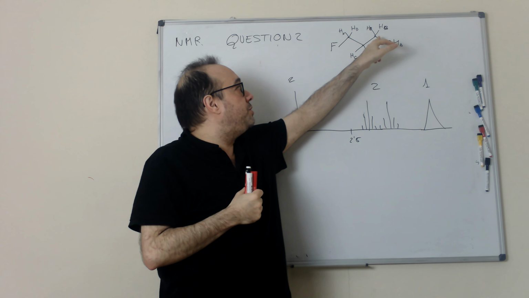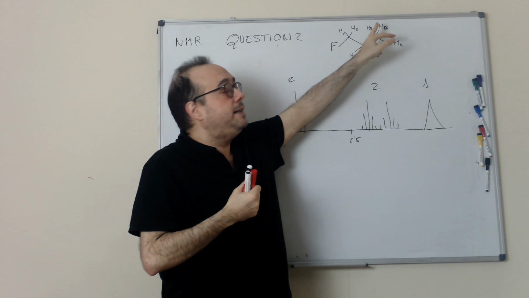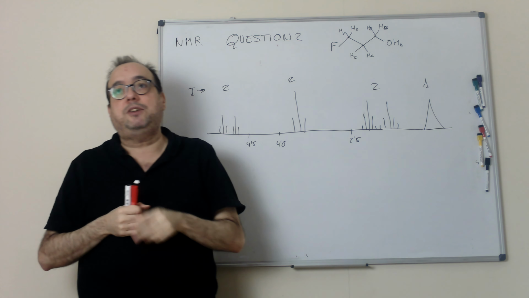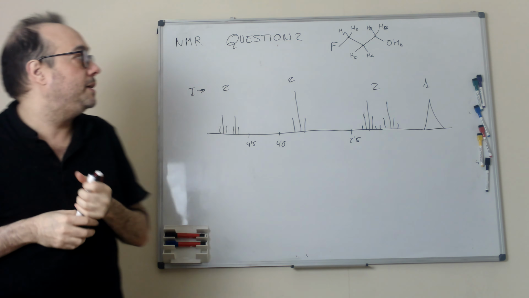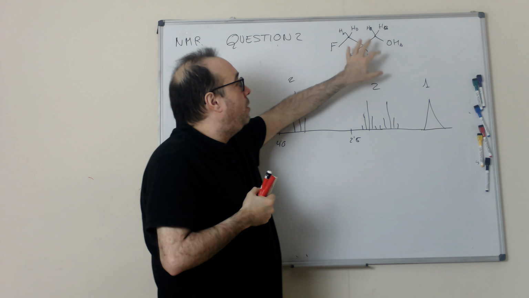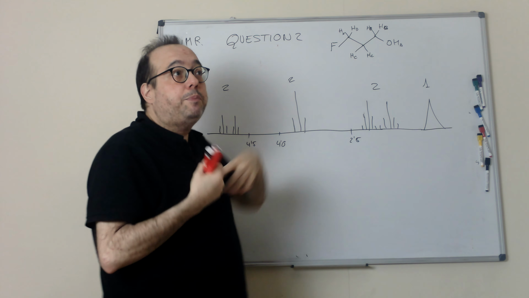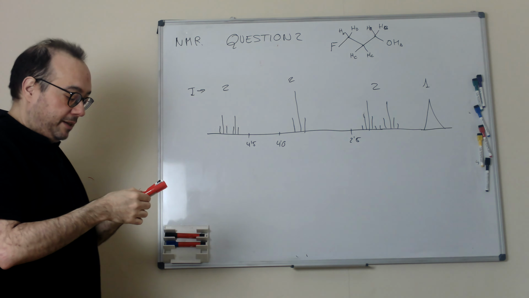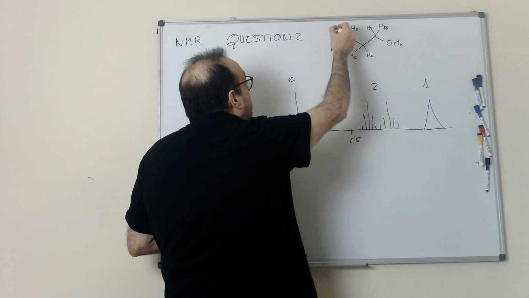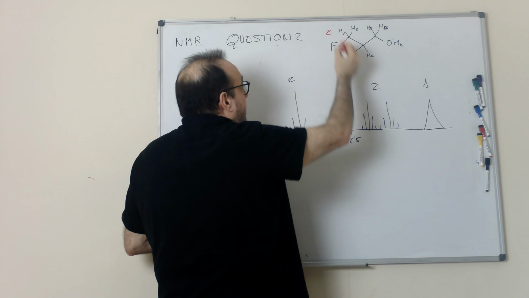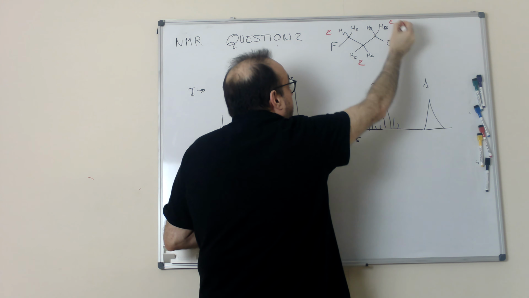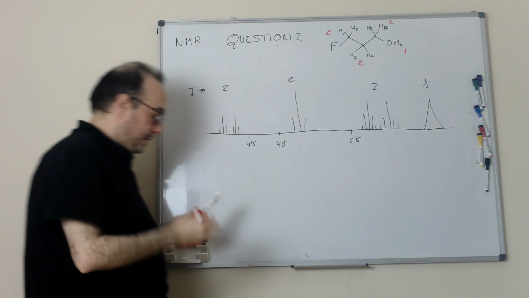The 2 hydrogens of this carbon will be equivalent again, and will be Hb, and finally we have the hydrogen of the alcohol, Ha. The integration of the protons is proportional to the number of protons, so Hd, Hc, and Hb will each be 2 integration, and Ha 1 integration.